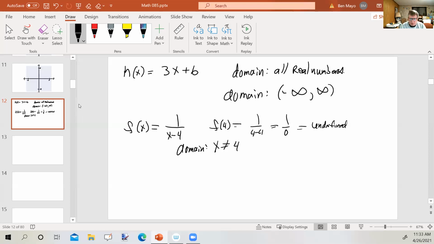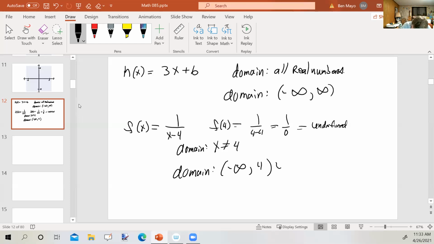But writing that in interval notation gets a little more interesting. We want all real numbers except 4. So we'll go from negative infinity up to 4 by using parentheses on the right of 4. That says I stop right before 4.